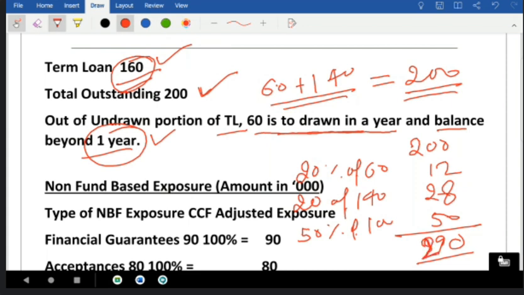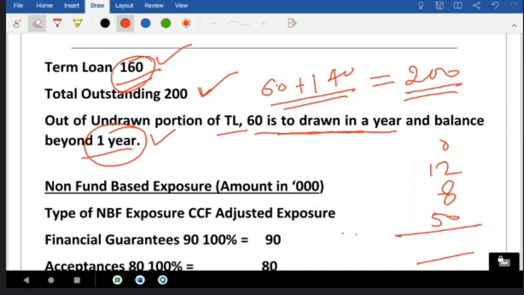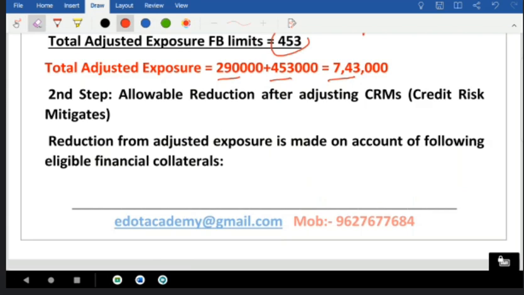Now we'll see one more example. Non-fund based exposure, how will you find it out? So type of NBF, exposure, CCF adjusted exposure is given as follows. I repeat it once again here.